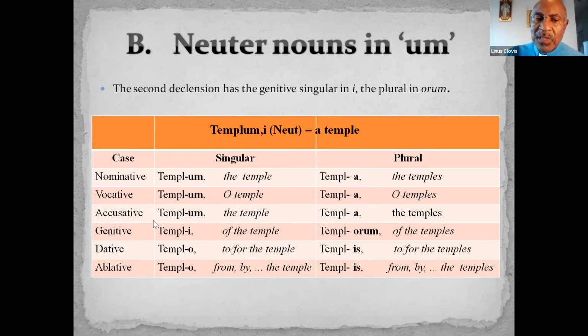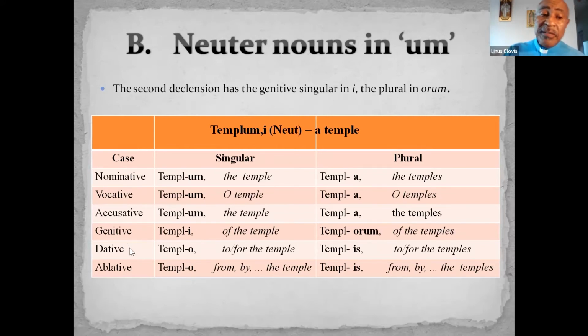Now we come to the genitive. The second declension has a genitive in i, with its plural in orum, just as the masculine. So we're going to have templi and templorum, of the temples.